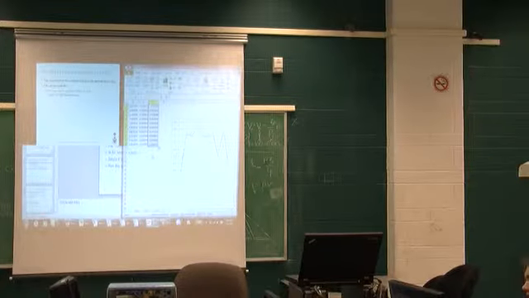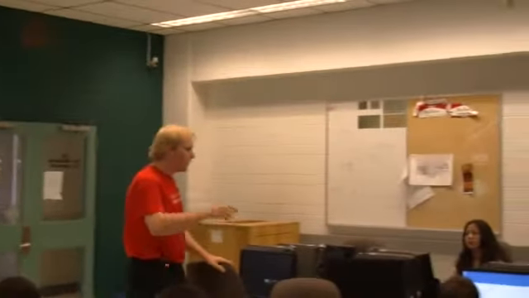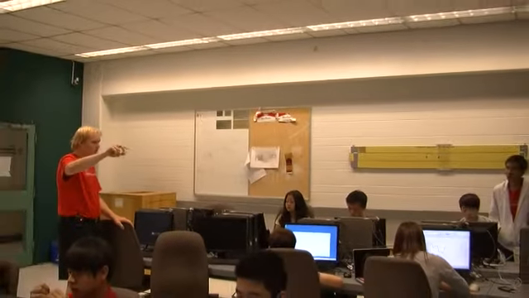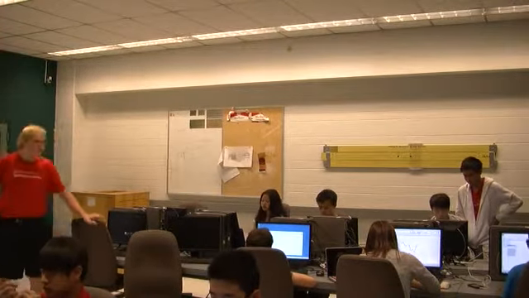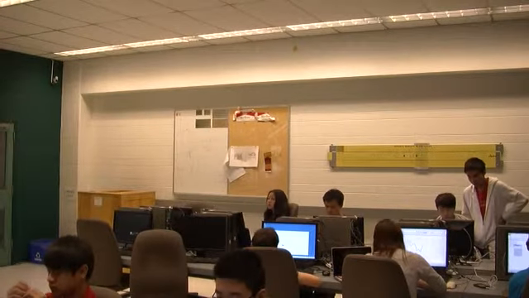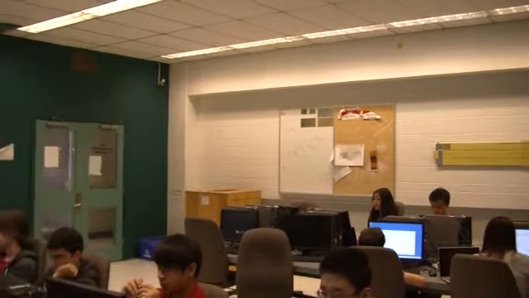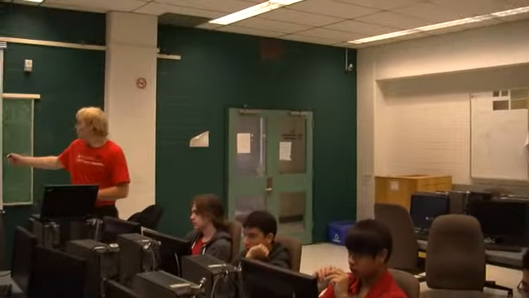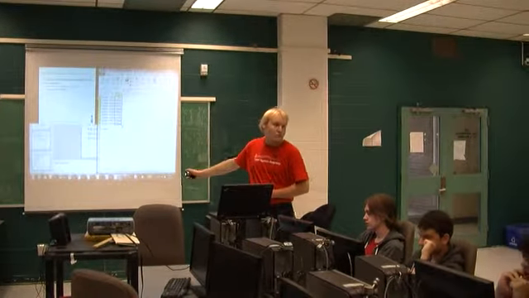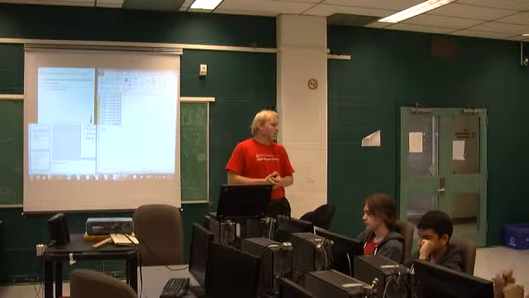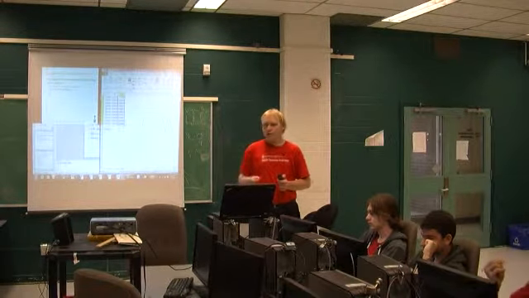Yeah, so to square it, we're going to put equals B1 and then shift 6, so the caret symbol, 2. Yeah, you can see it here in my formula box, that B1 shift 6, 2. Does everyone have that so far? Does everyone have a column of 10 squared residuals?